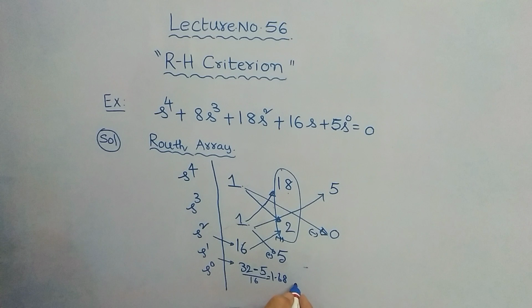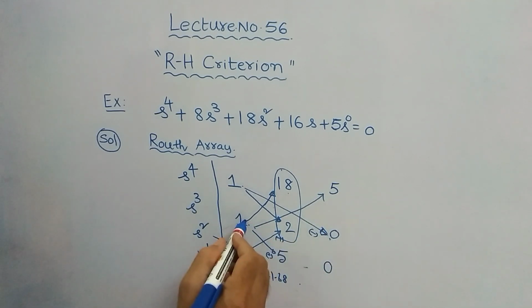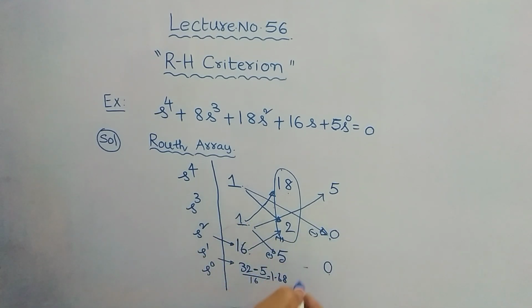And now what is the next value here? In order to find out the next value, you ignore this particular column, go for the next one. Obviously it must be 0 only. Then it is 16 into 0 minus 1 into 0. 16 into 0 is 0, 1 into 0 is 0, 0 minus 0 is 0, and finally we will get 0 only here.